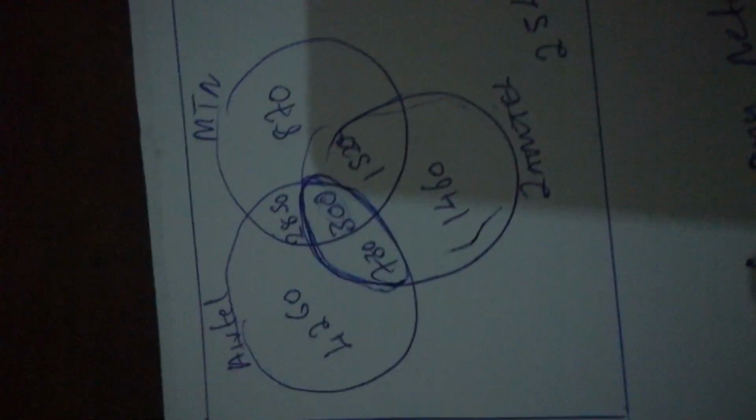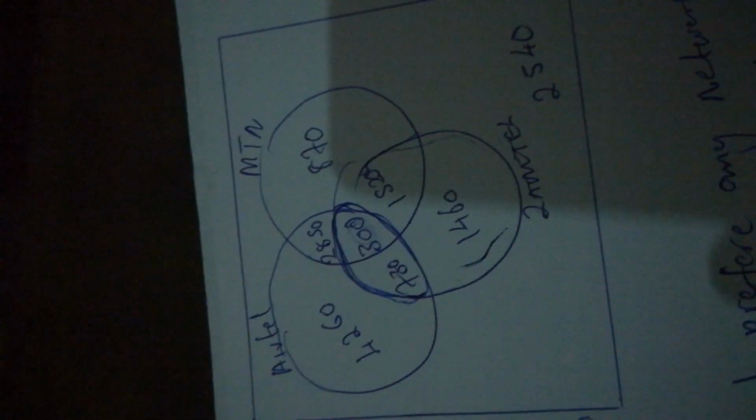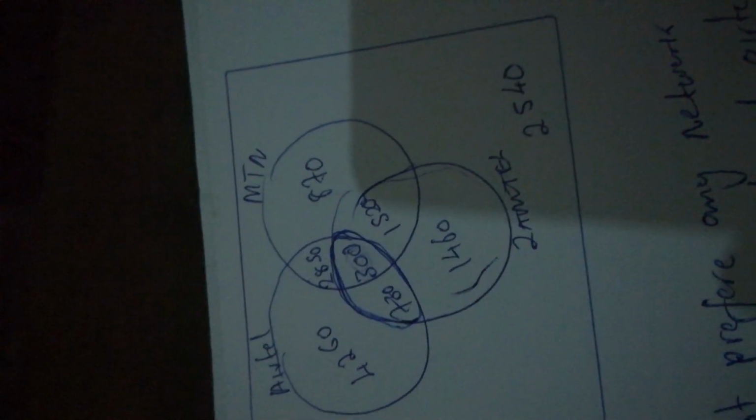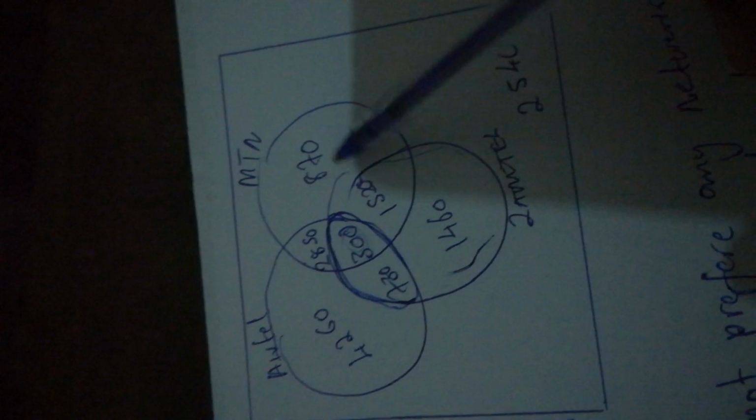Then the third question was asking to find the number of subscribers who preferred MTN only. MTN only. We get back to our Venn diagram. So those who preferred MTN only, it means these people were just using MTN. So we've got the figure here. This shows the number of people.